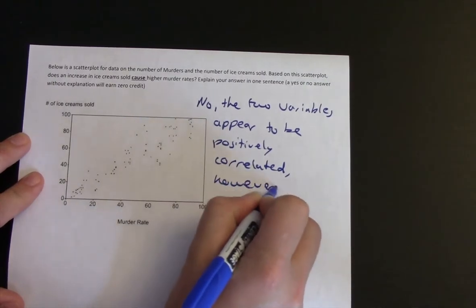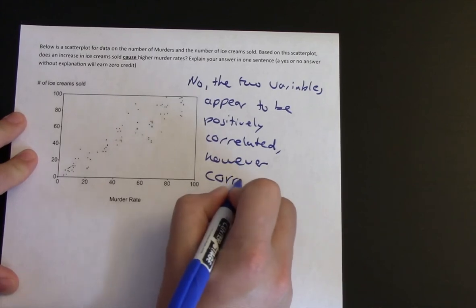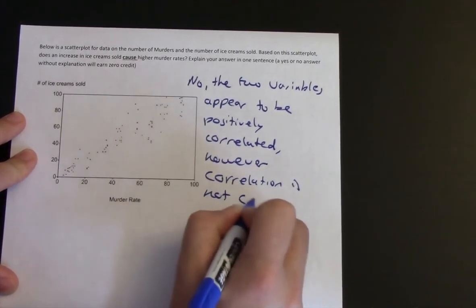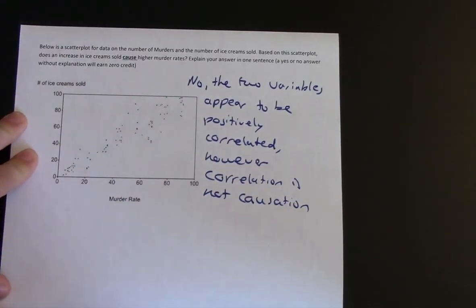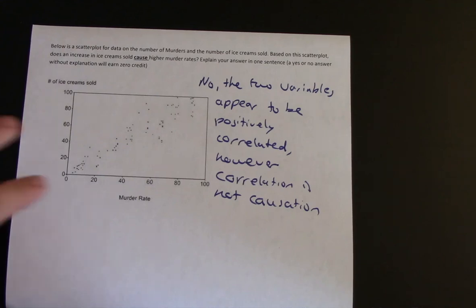However, correlation is not causation, right? So you want to write something along those lines, that ice cream is not causing murders, right? That doesn't make any sense. So the two variables are correlated, but not causally related to each other.